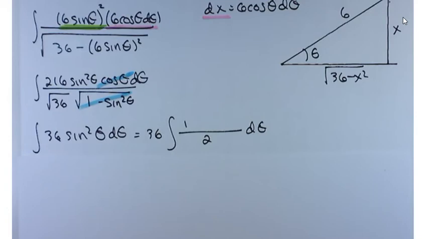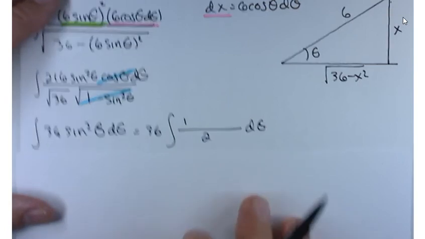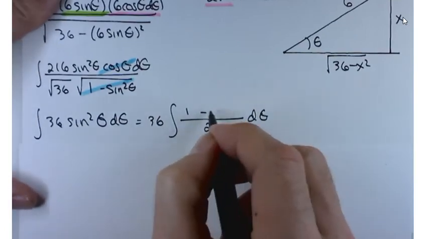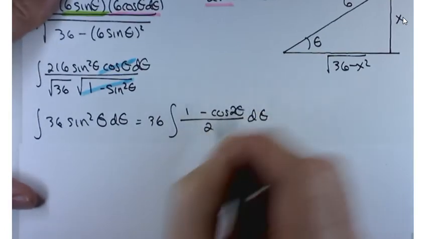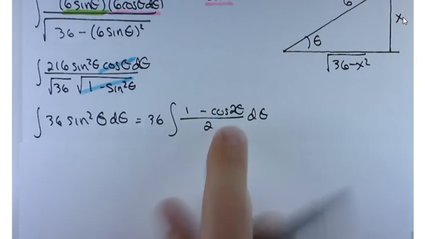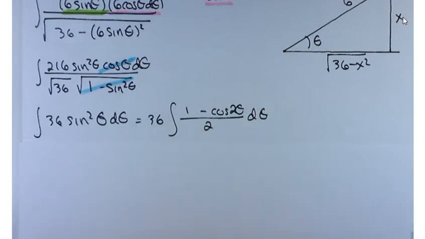We can find the antiderivative of the first part pretty easy, right? The antiderivative of 1 is just theta. Minus. Now, the antiderivative of cosine of 2 theta is going to be a sine of 2 theta somehow.